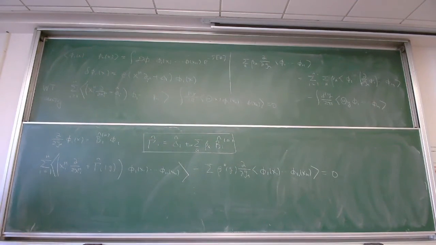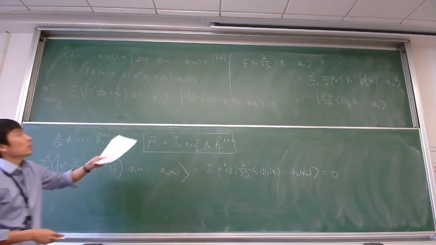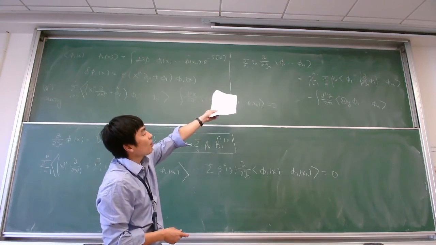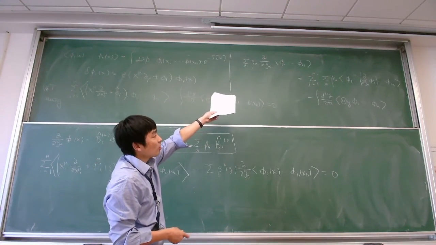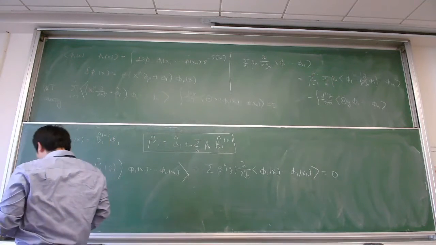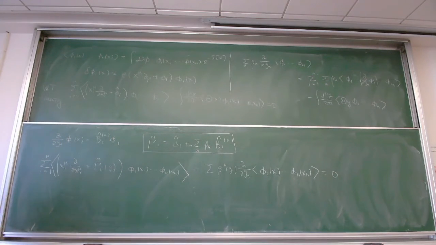So you just combine the Ward-Takahashi identity and the definition of how the correlation function behaves under the change of coupling constant, and you get this equation. This is called the Callan-Symanzik equation.